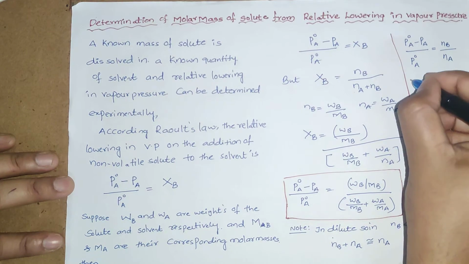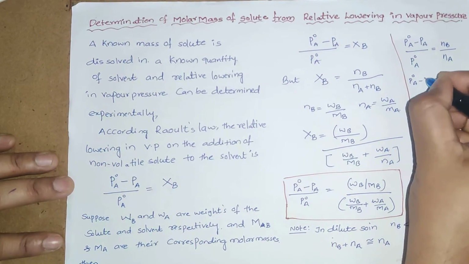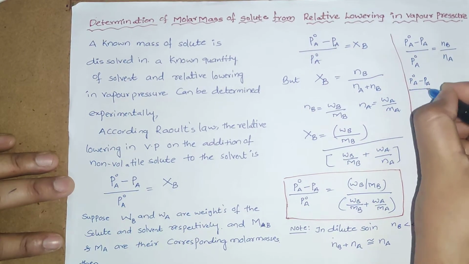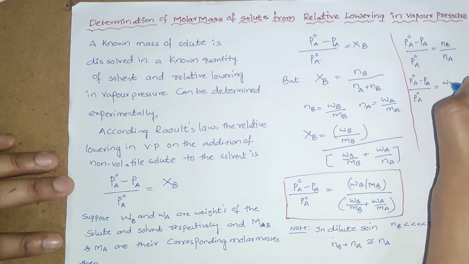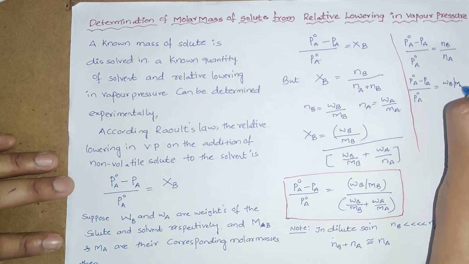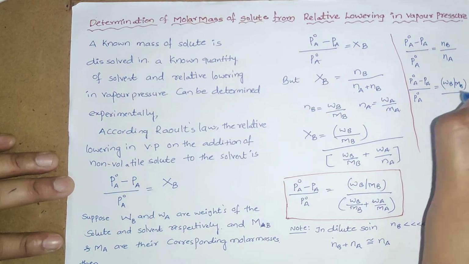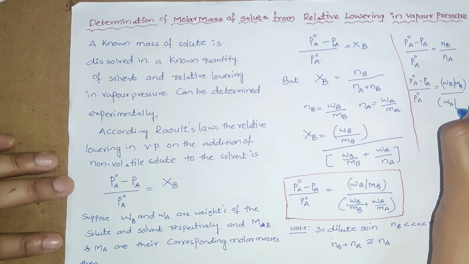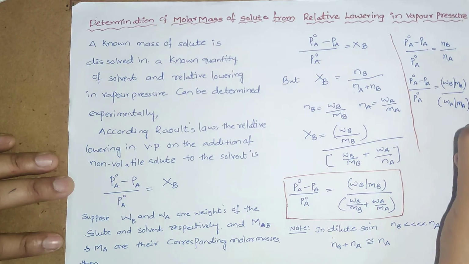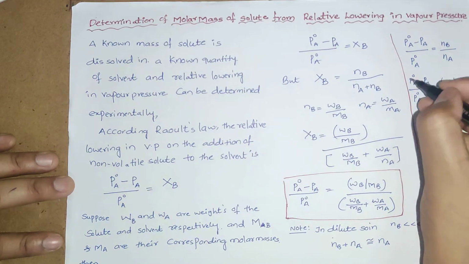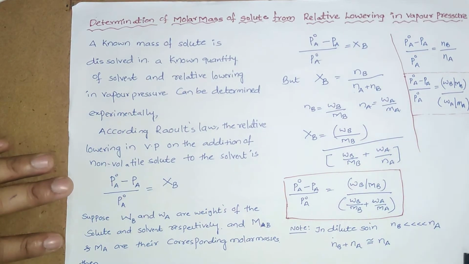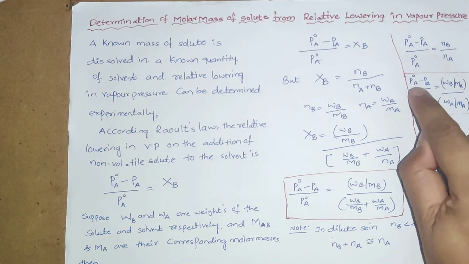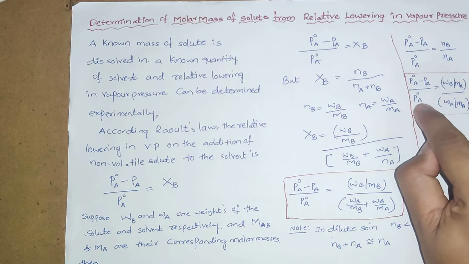Then you can substitute for Nb: Wb by Mb, and Na: Wa by Ma. This equation can be useful to calculate the molar mass of solute. (P naught A minus Pa) by P naught A is the relative lowering of vapor pressure.